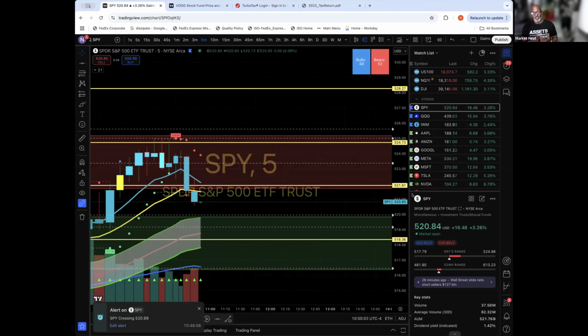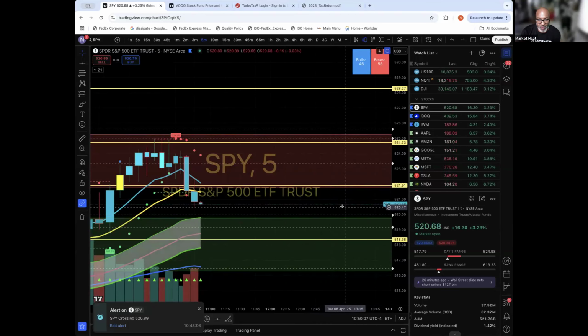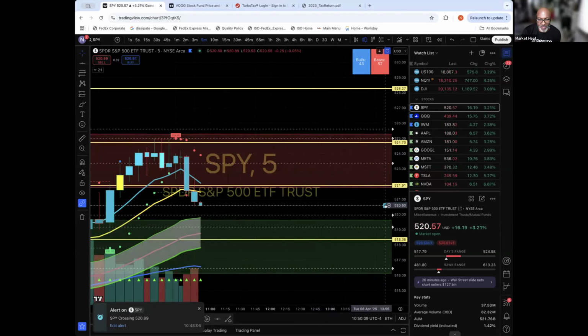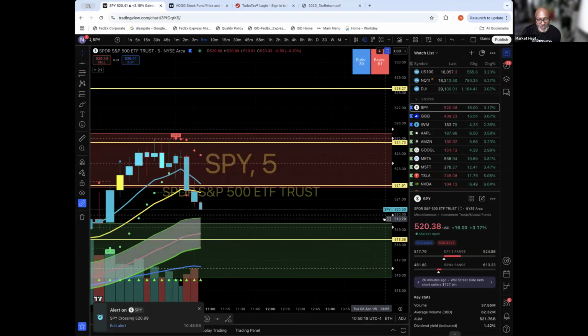Right? So now look what we have here. All right, so we have this level right here. See how the wicks line up? Guess what? It's still going. So now it has to hit 519.96.